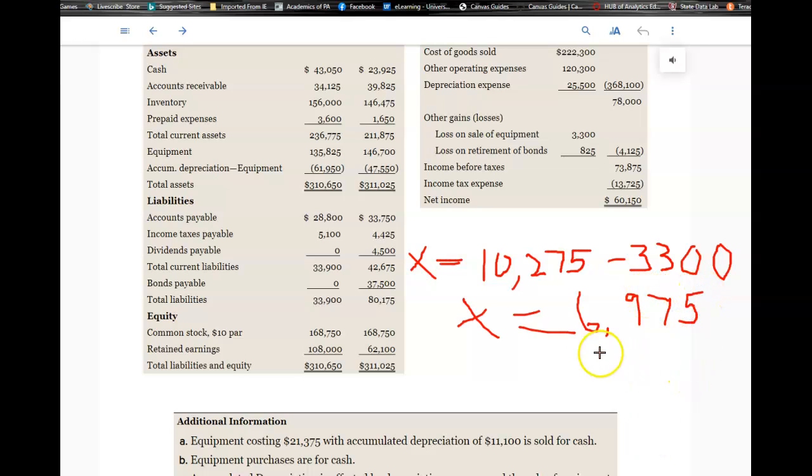And so that's the cash effect on the sale. Okay? Is it easy peasy lemon squeezy? I don't know. At any rate, so that's how we figure that out.